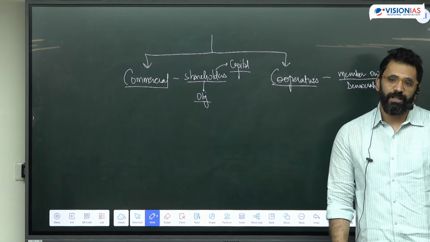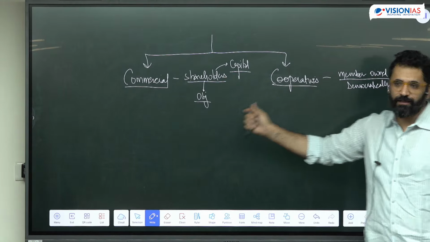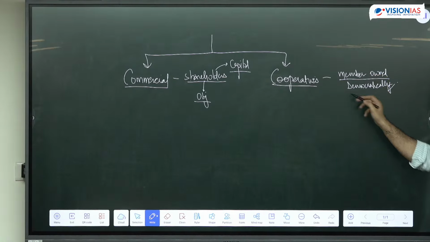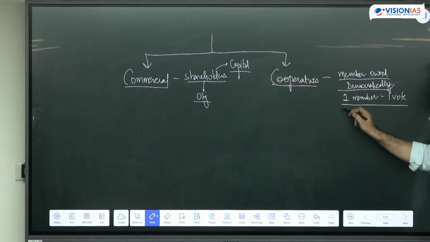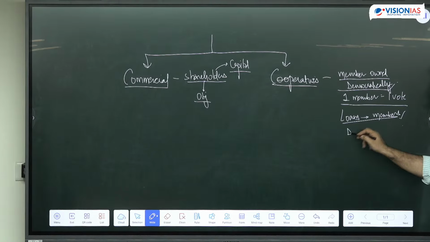If government is owning these banks, that means the government can decide its own objective. But in case of cooperative banks, it is a member-owned society which is democratically run, where each member has one vote. Benefit of this is loans are primarily given to its members who have contributed to its share capital. Loan is provided to the members, whereas deposits are open for all.